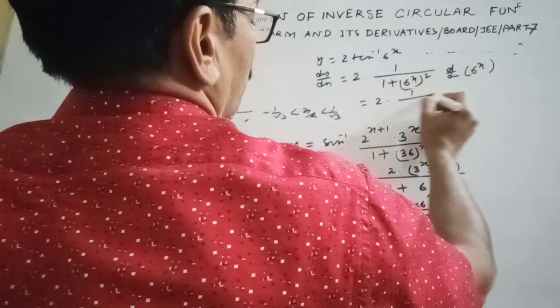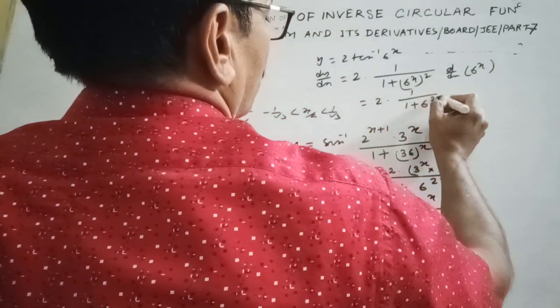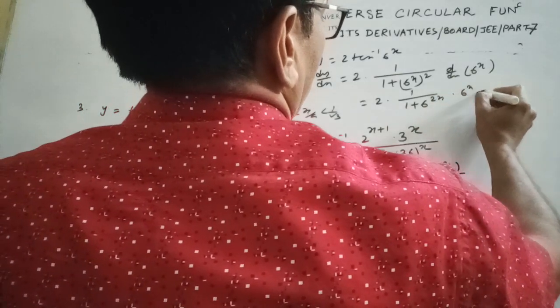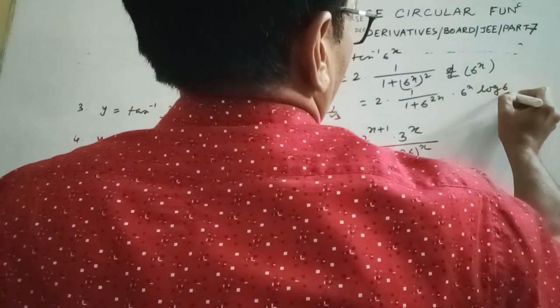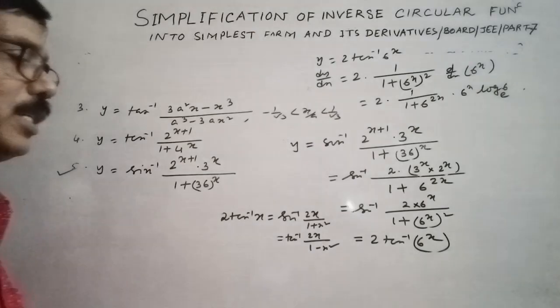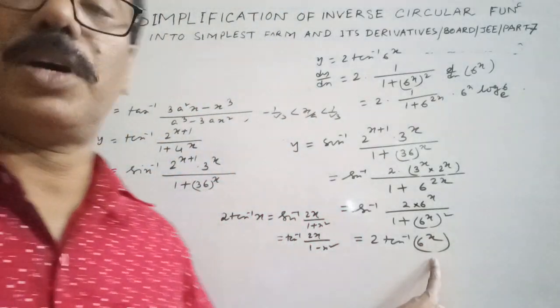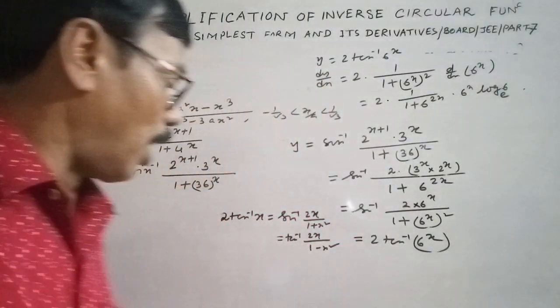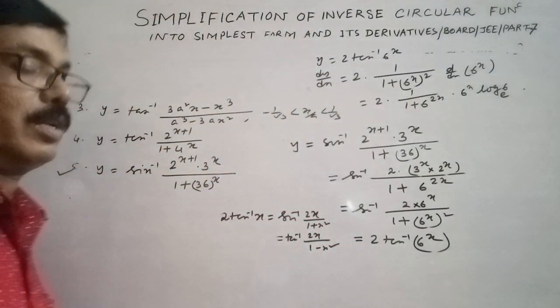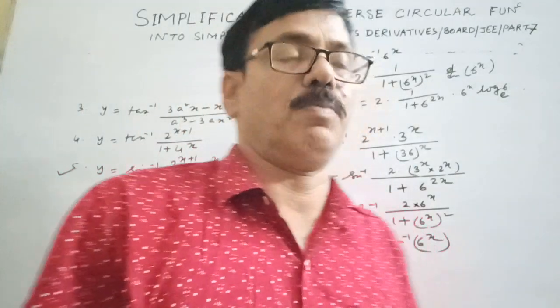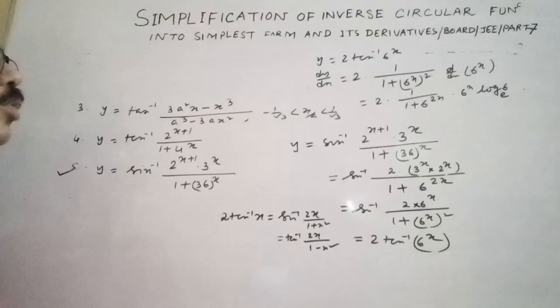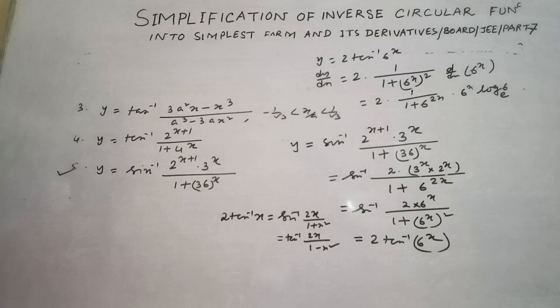So 2 into 1 by 1 plus 6 to the power 2x, into 6 to the power x into log 6. Obviously, base is e. So here argument is only 6 to the power x. So if argument is not simple, you try to simplify it using formula of inverse circular function.